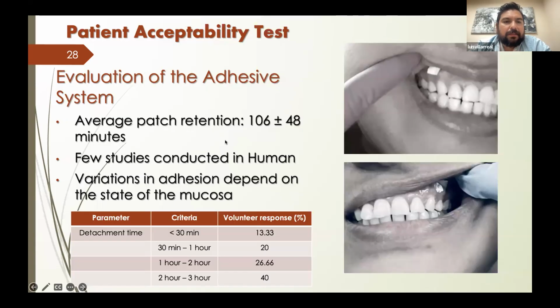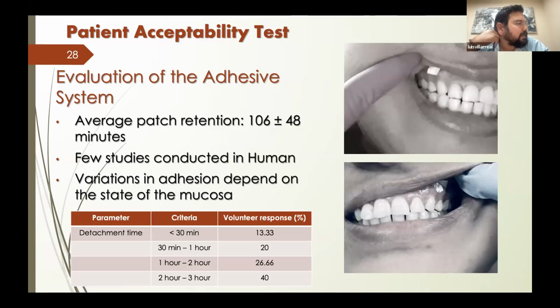The average patch retention after the experiment was 106 minutes, so this detachment time was adequate for us. 40% of the volunteers had the patch for about 2 to 3 hours.